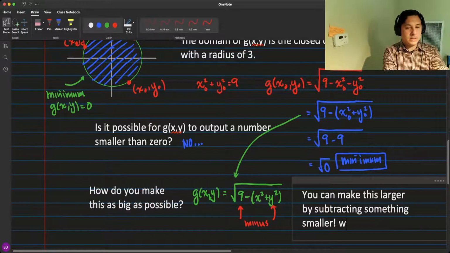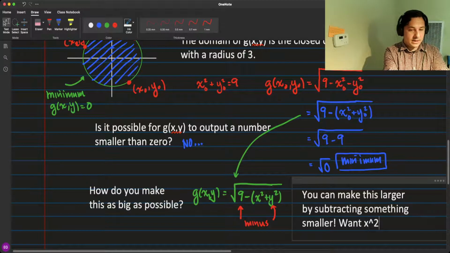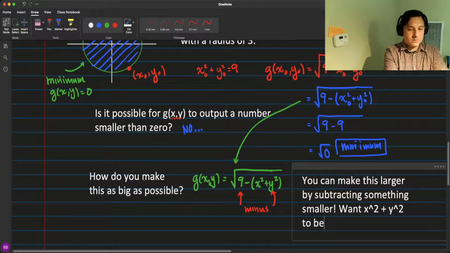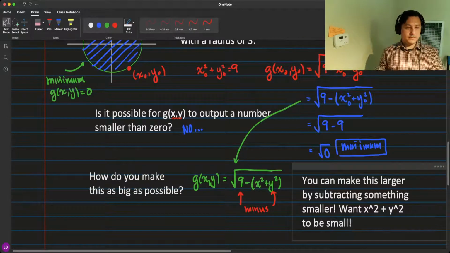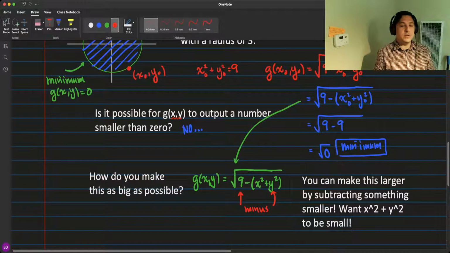In other words, you want x squared plus y squared to be small. What numbers can you plug in for x and y to make x squared and y squared as small as possible, so that you subtract as little as possible?